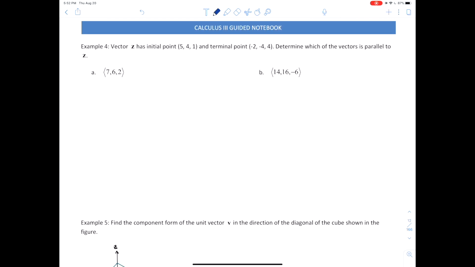Vector z has initial point 5, 4, 1 and terminal point negative 2, negative 4, 4. Determine which of the vectors is parallel to z.